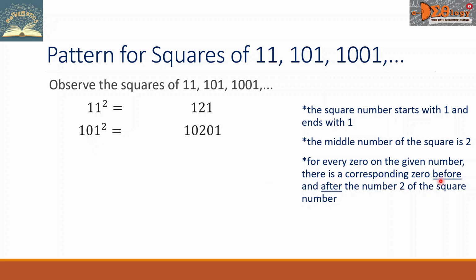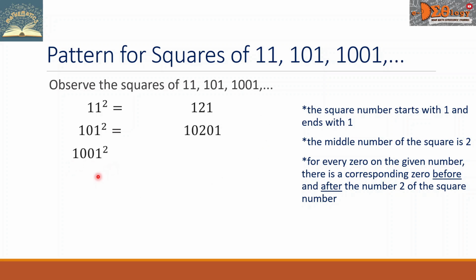There is a corresponding 0 before and after the number 2 of the square number. There is 1 zero here, so there is 1 zero before 2 and after the number 2. So 101 squared is 10,201. This is now the pattern for our squares of 11, 101, and 1001 and the like.